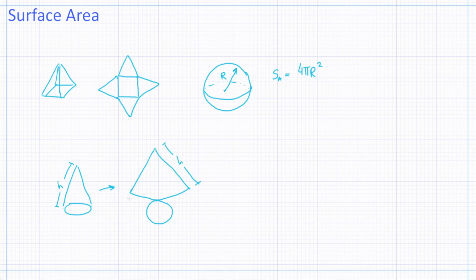right? And again, this arc length would be a full perimeter of the circle. So that's the circumference. So this is 2 pi r. This is radius r. This is radius r, right?